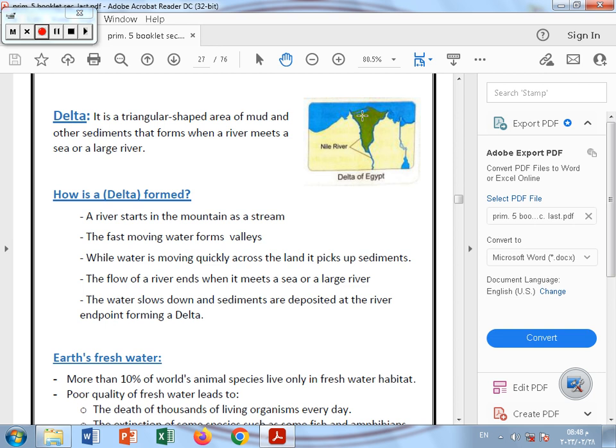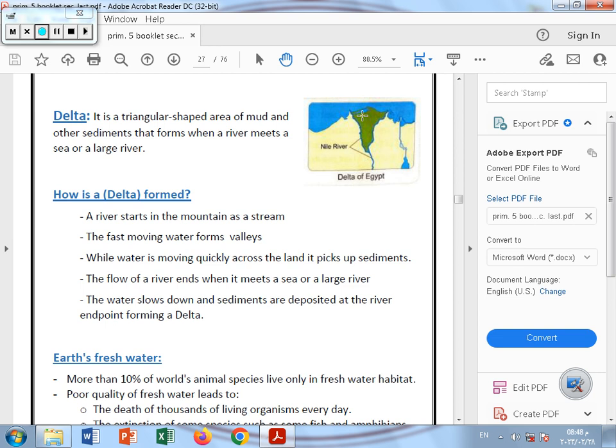But how is the delta formed? Firstly, any river starts in the mountain, as I said. It starts as a stream or a small water body. Because the mountain is an inclined surface, the water moves fast, and this forms valleys.